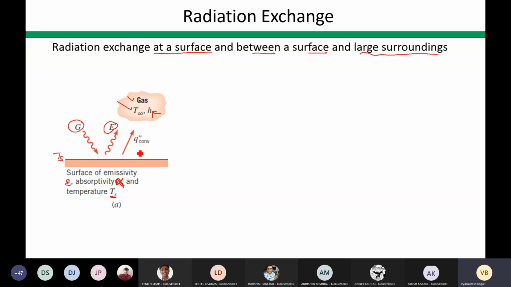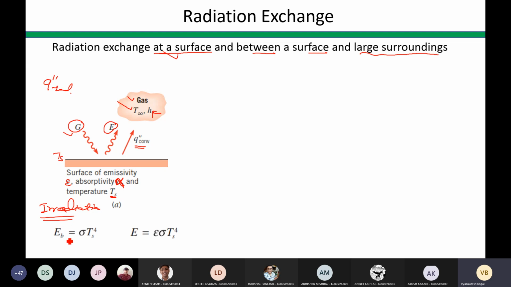So that's why this term is added, q double dot convection, the heat transfer by convection or convective heat flux. So what is G? G is called the irradiation. Irradiation means it is the total incident radiation falling on the surface. So this is the radiation exchange at a surface.